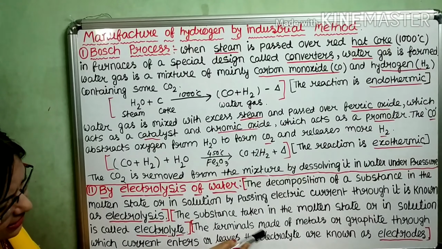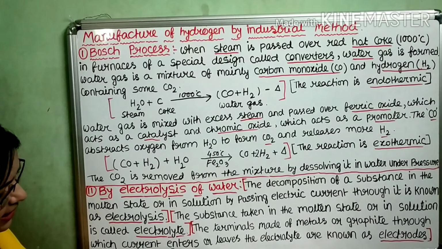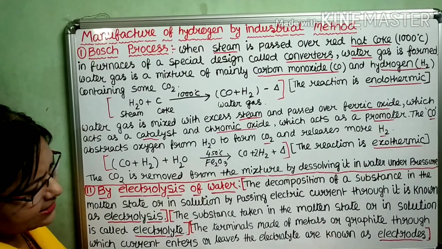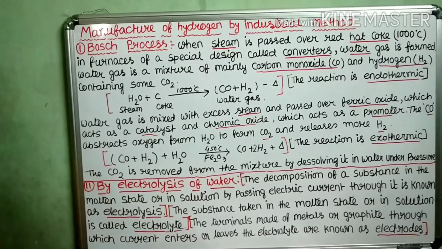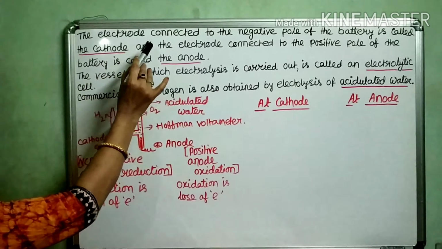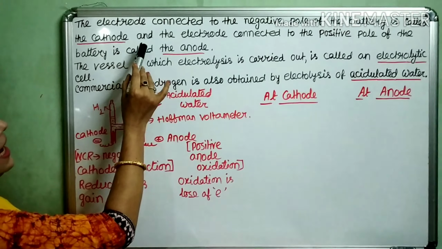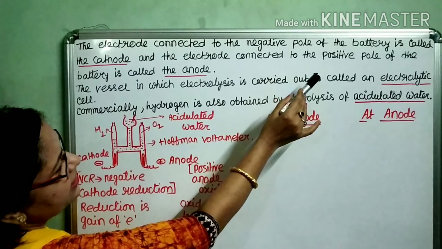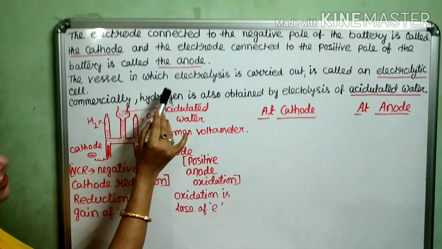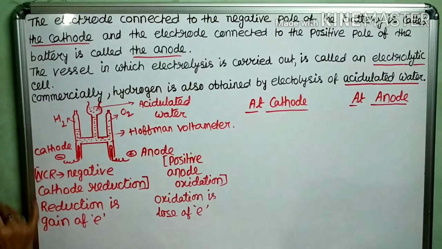The terminals made of metals or graphite through which current enters or leaves the electrolyte are known as electrodes. The electrode connected to the negative pole of the battery is called the cathode, and the electrode connected to the positive pole of the battery is called the anode. The vessel in which electrolysis is carried out is called an electrolytic cell.